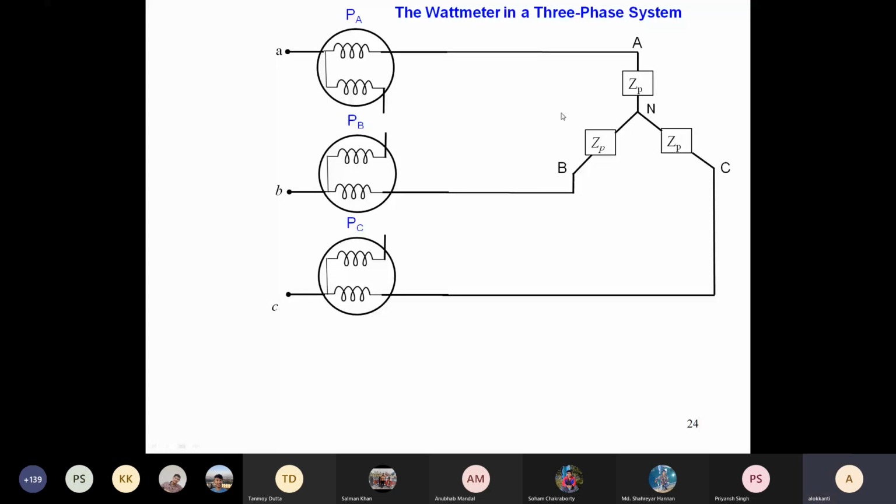Now what to do with the voltage coil? From each of the wattmeters, there is a voltage coil available.